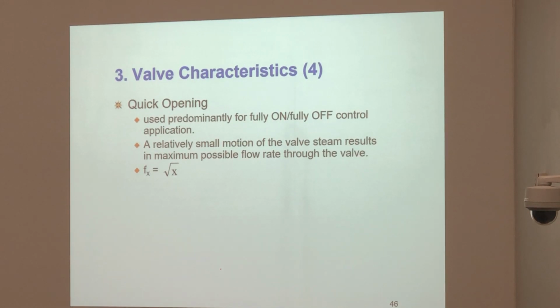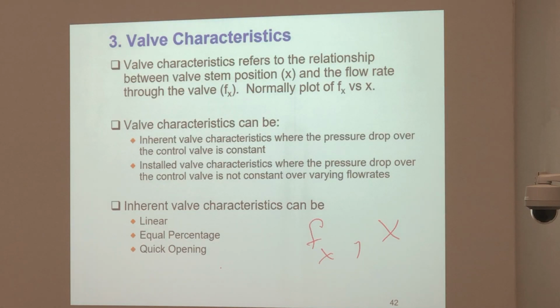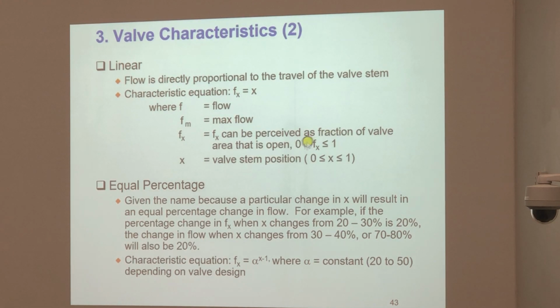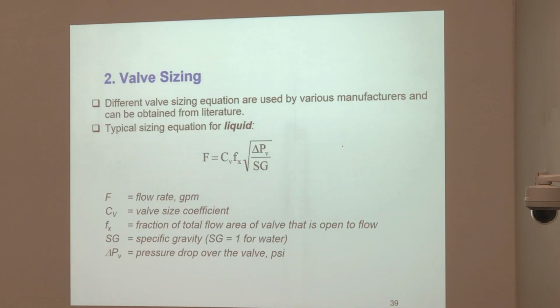This one, the f with the sub x, right? The definition is here. Fx can be from 0 to 1. The earlier definition of Fx is here: fractions of total flow area that is open to flow.